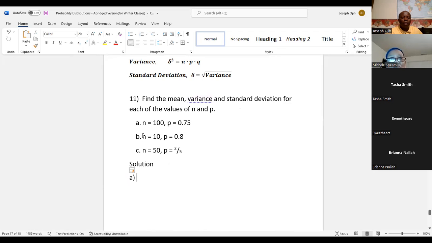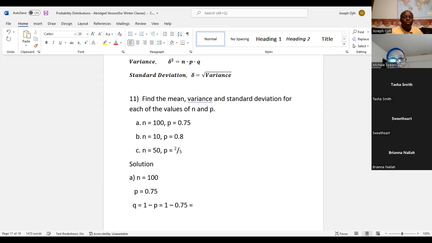Part A says n is 100, so our n equals 100 and our p equals 0.75. Now they didn't give us the q, so we have to find the q by ourselves. q equals 1 minus p, which is 1 minus 0.75.